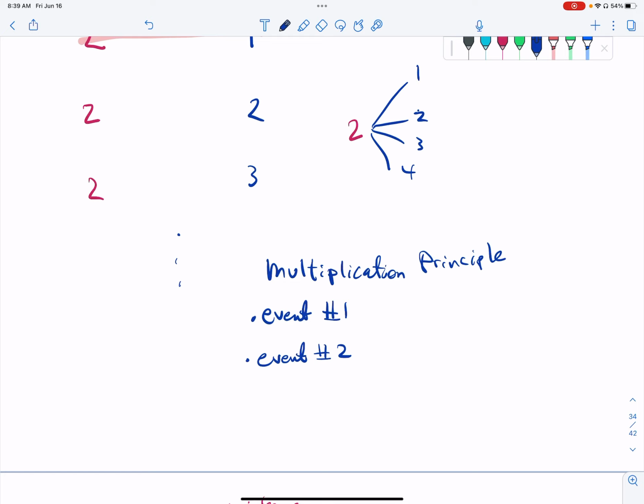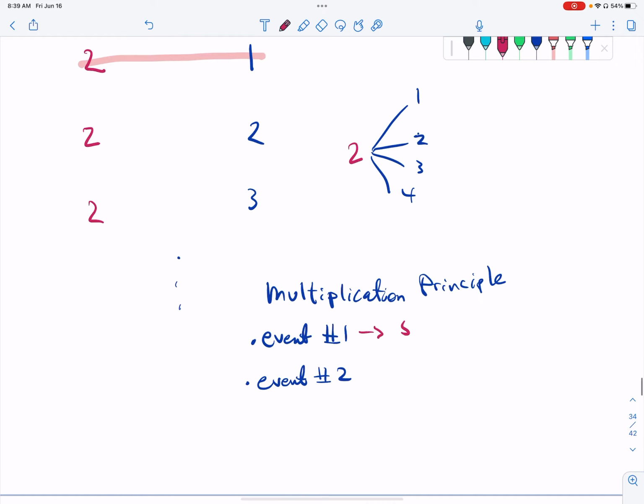Let's do this in numbers first, and then I'll generalize it. Let's say that event 1 can happen in 5 ways. And event 2 can happen in 7 ways. And I want both of these events to happen, maybe sequentially, maybe at the same time, whatever. I don't care.